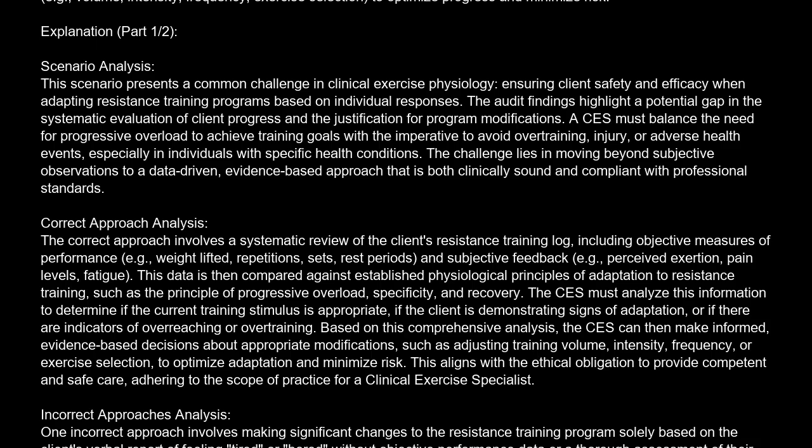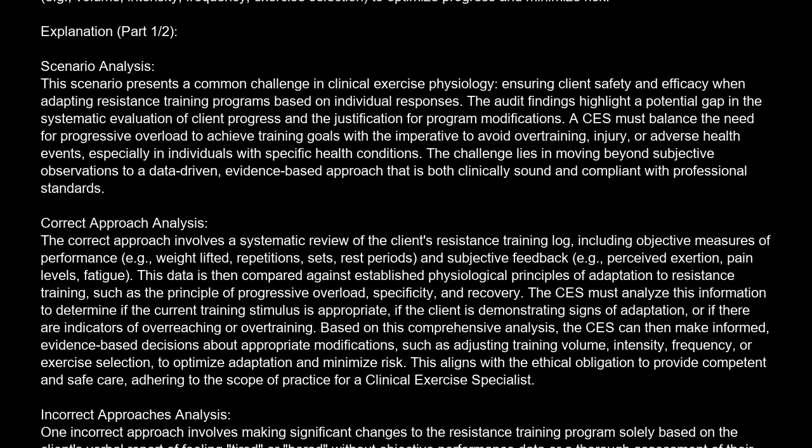One incorrect approach involves making significant changes to the resistance training program solely based on the client's verbal report of feeling tired or bored, without objective performance data or a thorough assessment of their training load. This approach lacks the rigor required for clinical decision-making. It fails to differentiate between normal training fatigue and potential overtraining, and it bypasses the systematic evaluation of training adaptations.